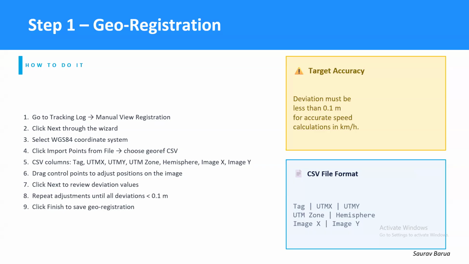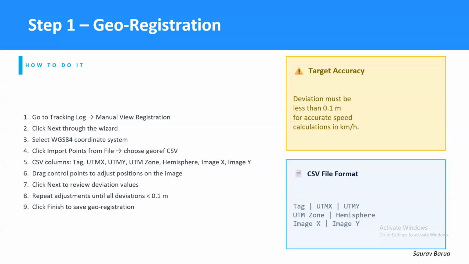We have to select the WGS84 coordinate system, then import the control points from the file. The file contains information regarding georeferencing, in CSV format, with columns like tag, UTM-X, UTM-Y, UTM zone, hemisphere, image X, image Y, and position.